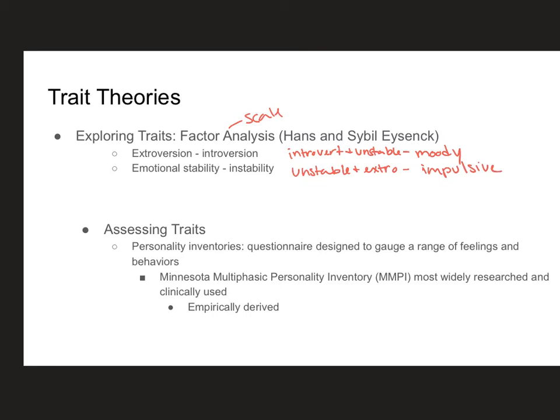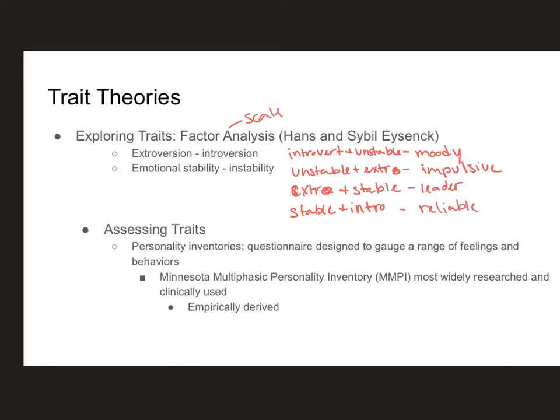If you are extrovert and stable, you are probably a really good leader. And if you are stable and introvert, then you might be very reliable.